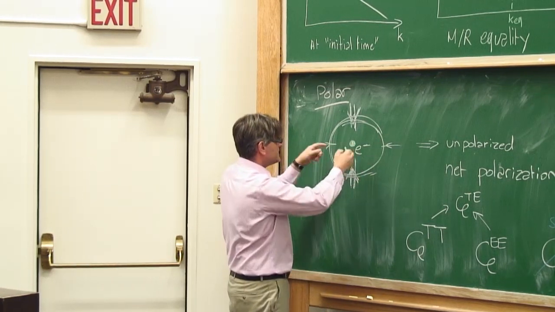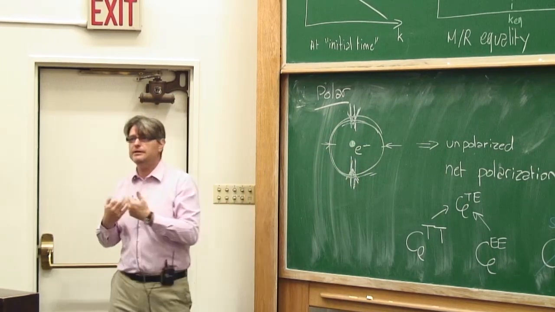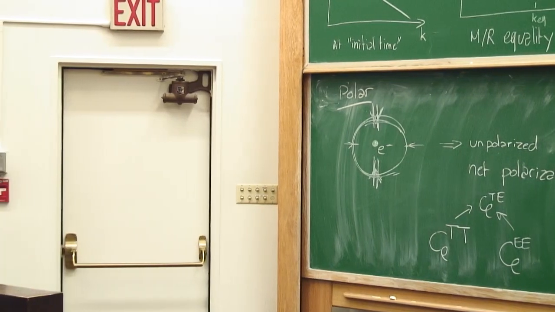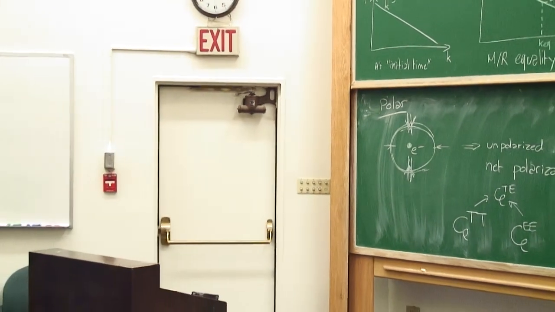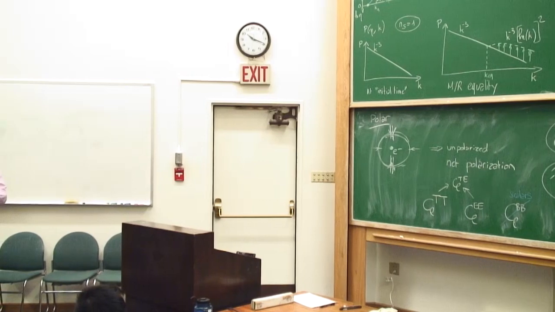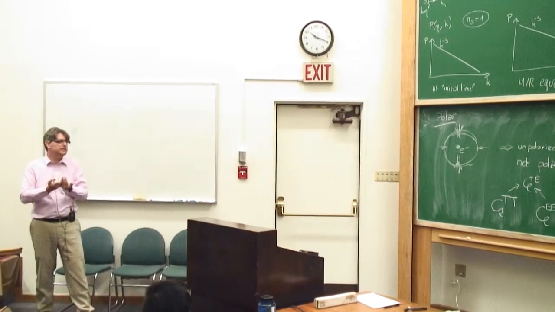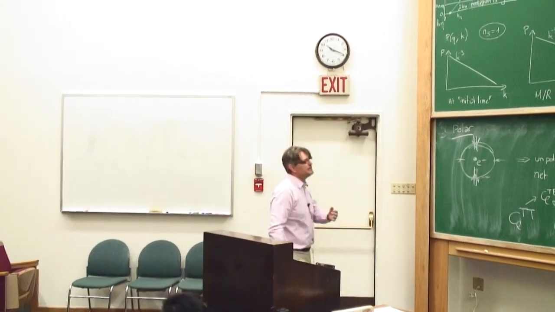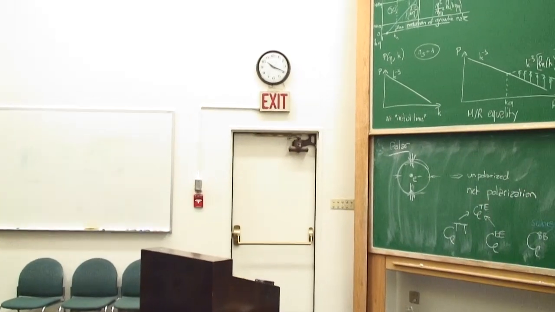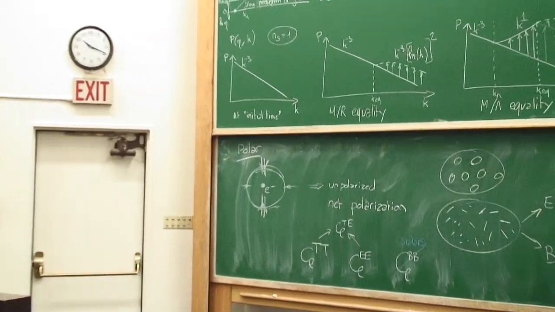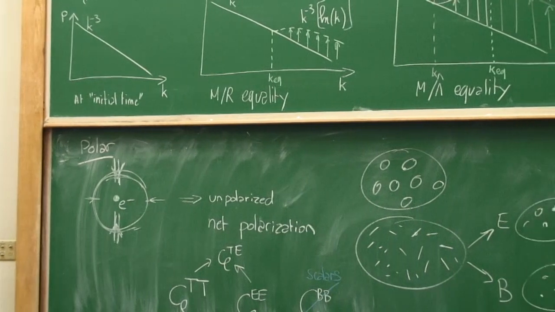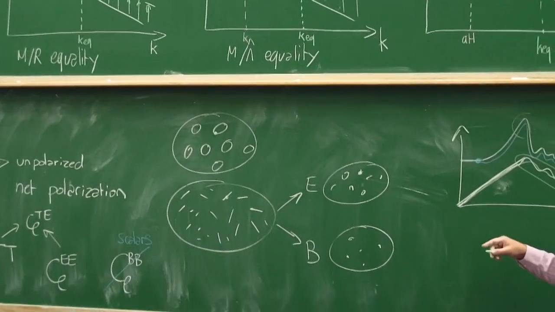Because the photons hitting the electrons are decoupled, so they have a quadrupole component. So there is some new polarization generated. We would never see it if we had a Sachs-Wolfe plateau. It would be masked.